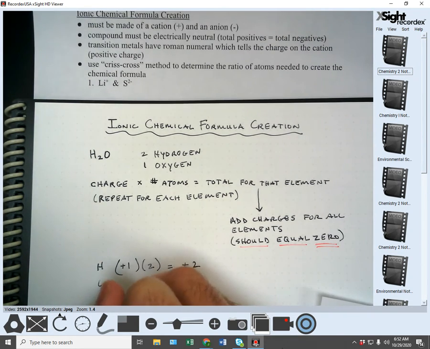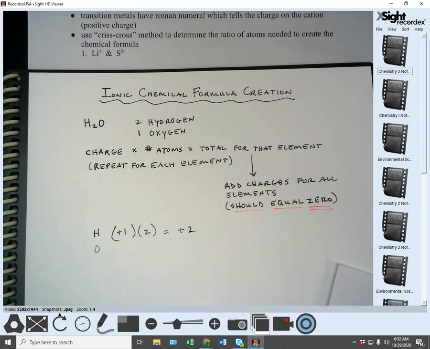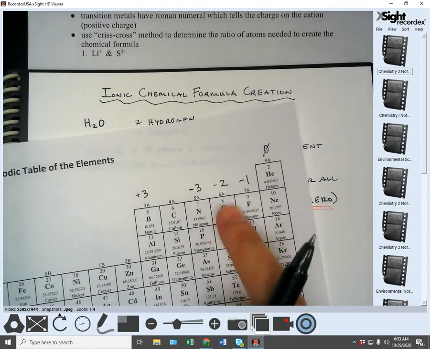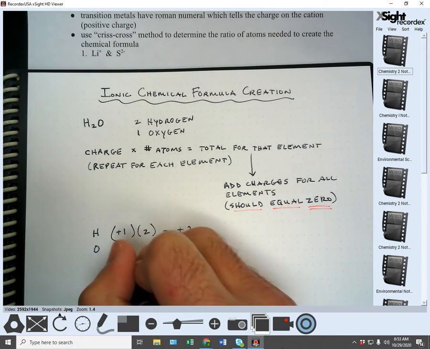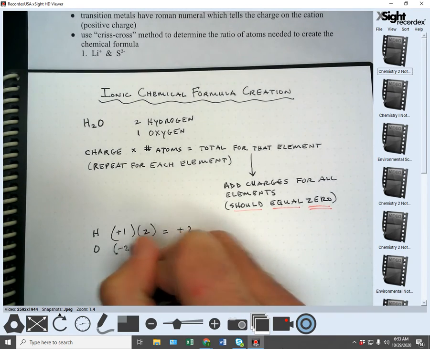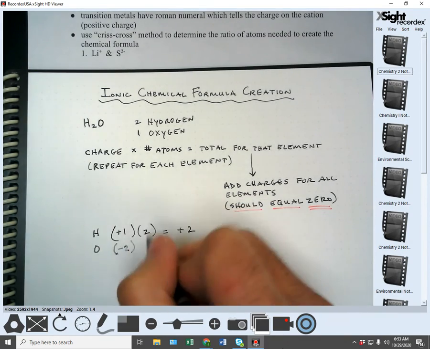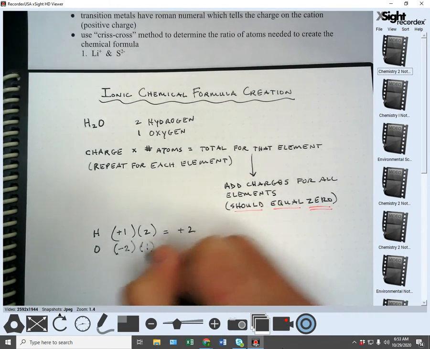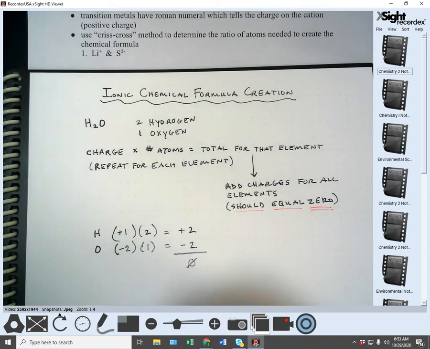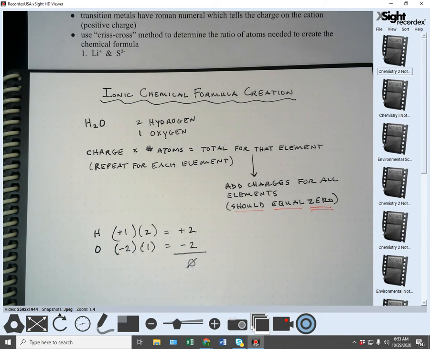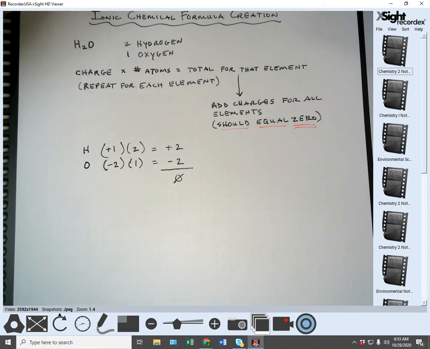Okay, our oxygen is a -2 charge. So oxygen, -2 charge. We only have one of them. So -2 times 1, -2. Add them all together, you get 0, which is what you want for a compound. Okay, now, let me walk you through this sort of conceptually, okay?